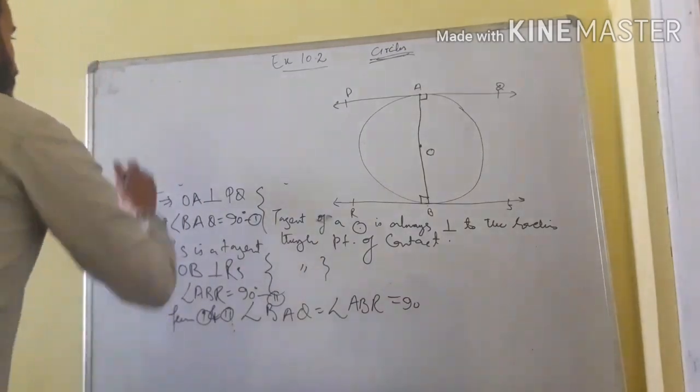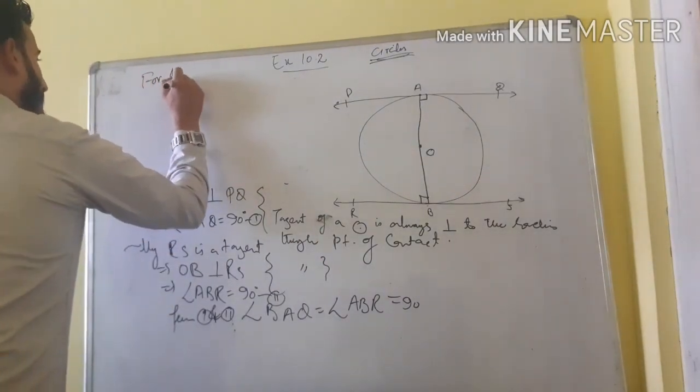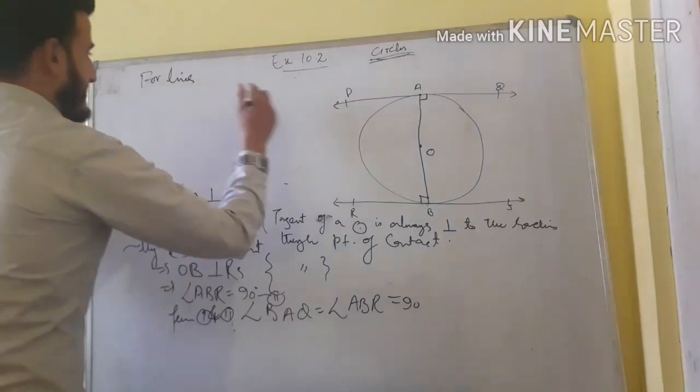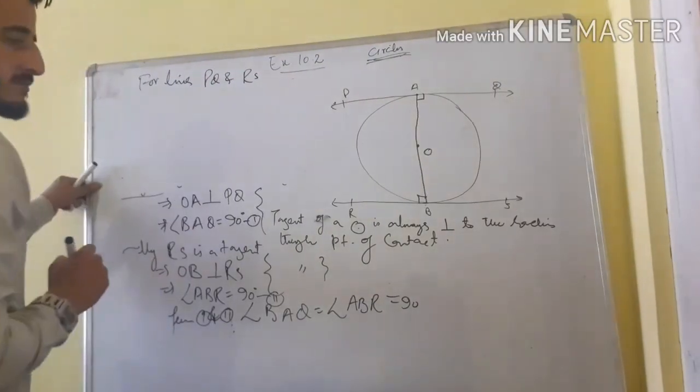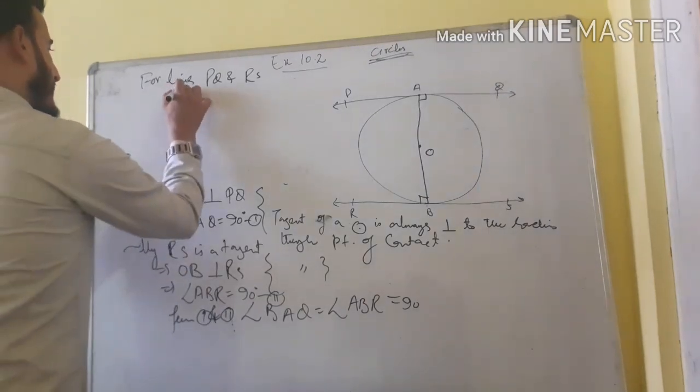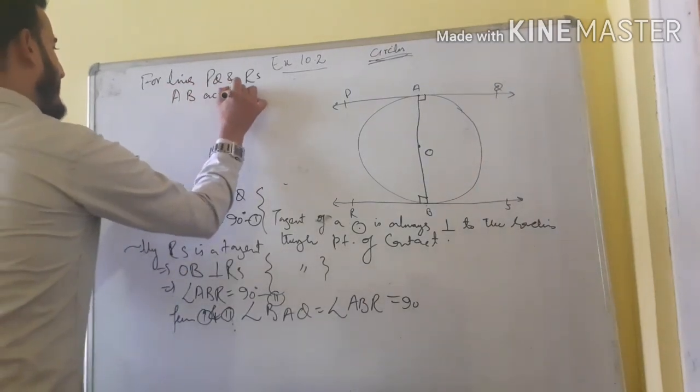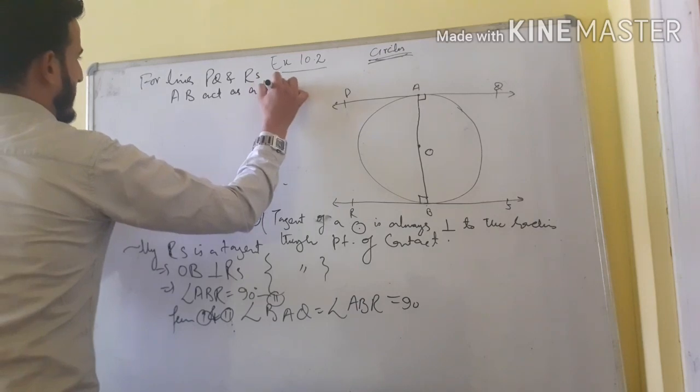Fine. Now for lines PQ and RS, AB act as a transversal.